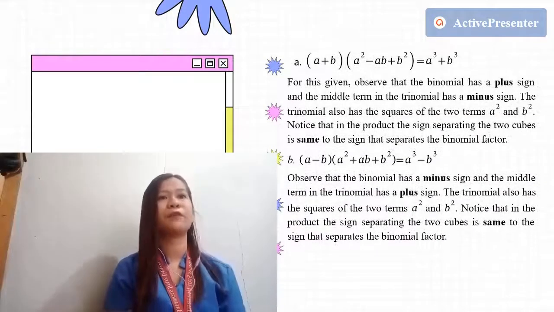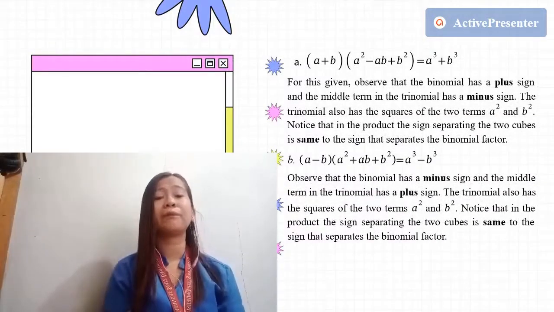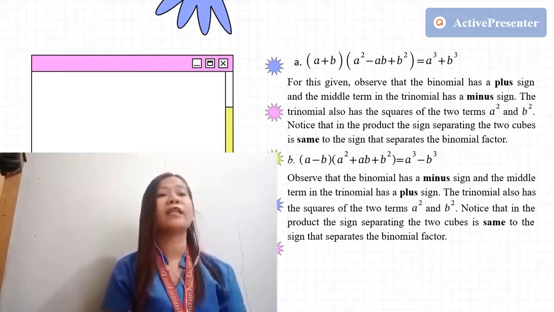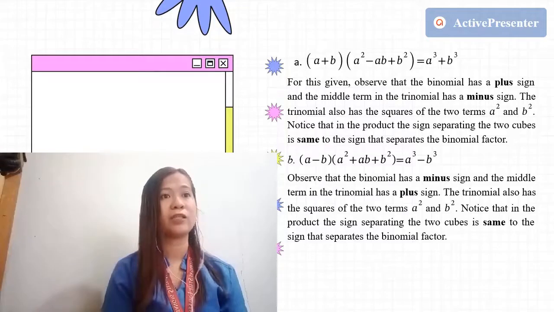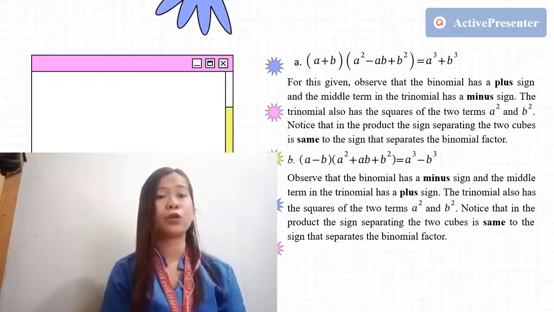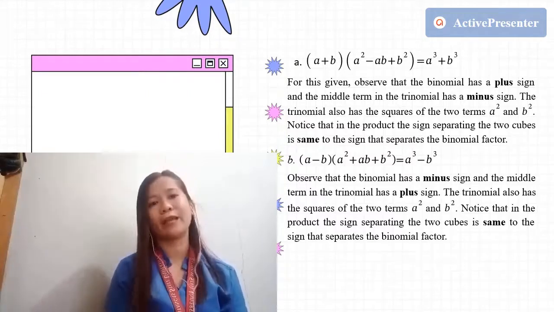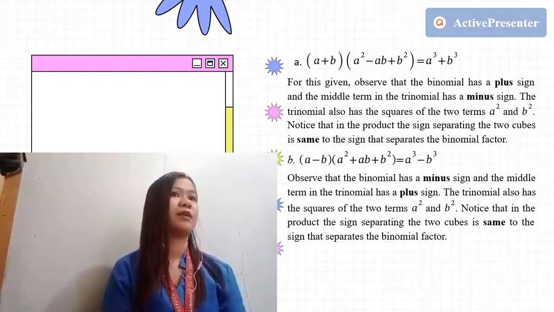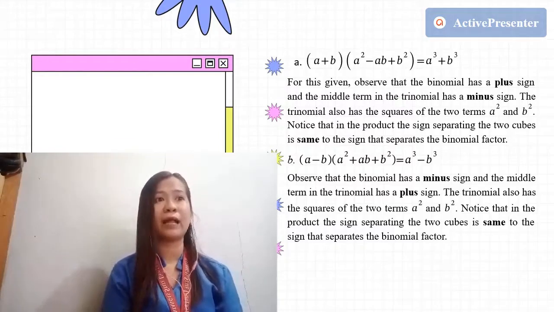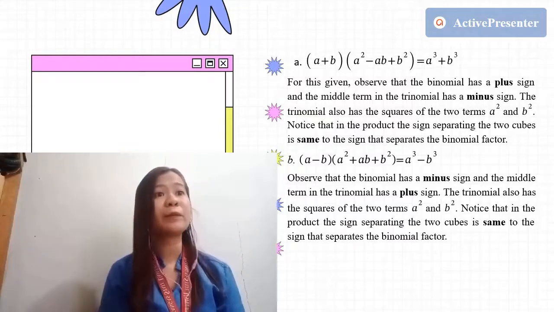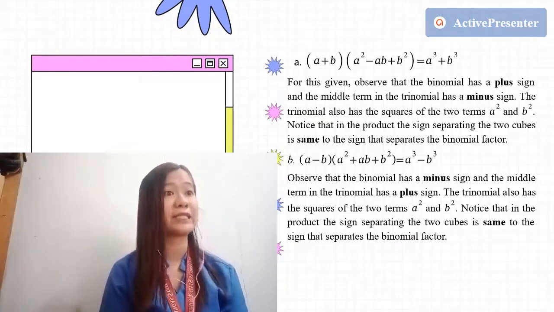First one: if we have the quantity a plus b times the trinomial a squared minus ab plus b squared, we get a cube plus b cube. For the given, you have observed that the binomial has a plus sign, then the middle term in the trinomial has a minus sign, right?